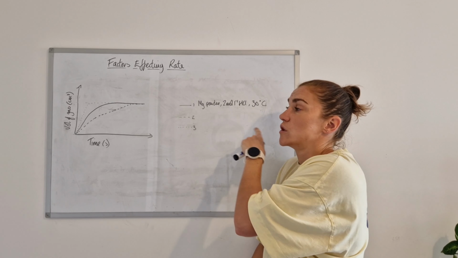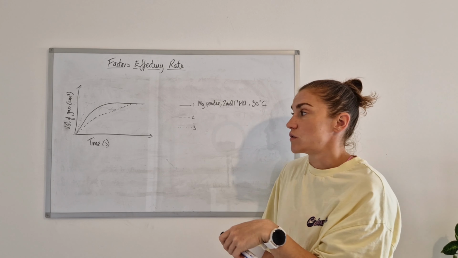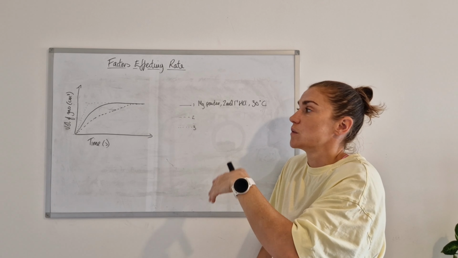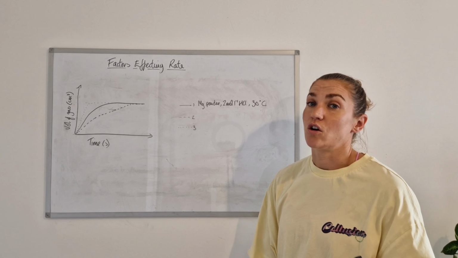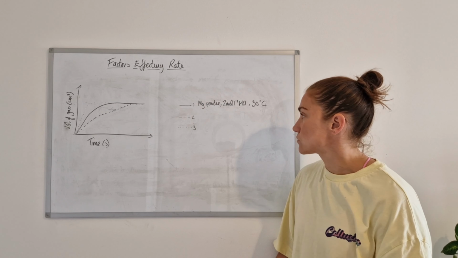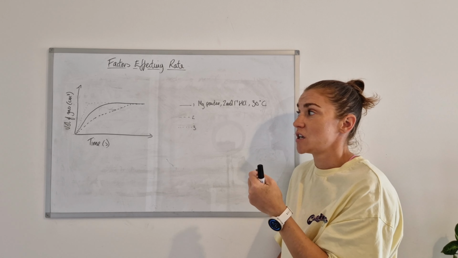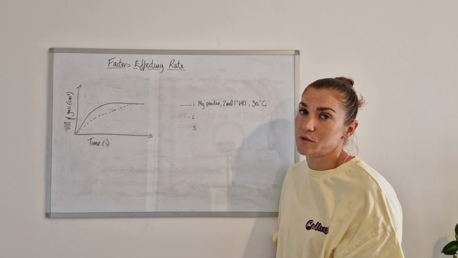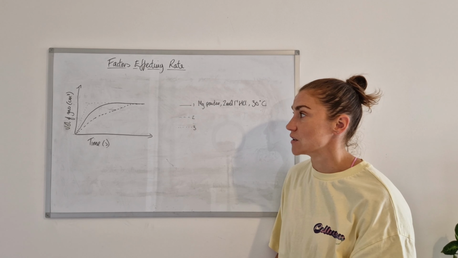We could lower the concentration, because a lower concentration gives a slower rate of reaction, so we could put that concentration down to 1 mole per litre, 1.5 mole per litre, 0.5 mole per litre, any concentration that's lower than 2. And if we were to suggest a temperature change, a lower temperature gives a slower rate, so we could pick a temperature that was lower than 30, so say 25 or 20 degrees Celsius.